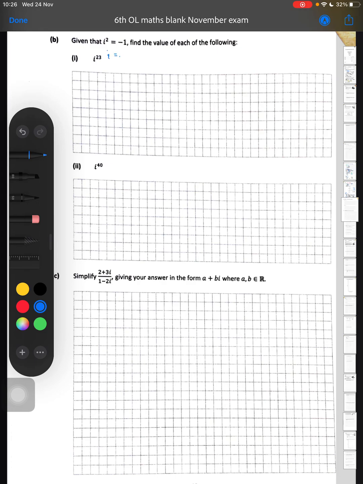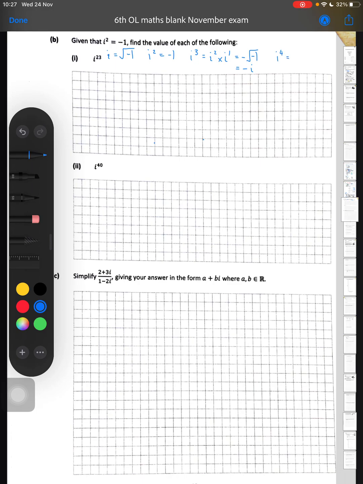So we know that i is the square root of -1, i squared is -1, i cubed is -i, because it's i squared times i, so it's -1 times the square root of -1, or just a -i.